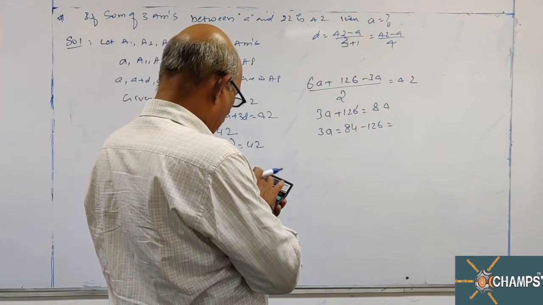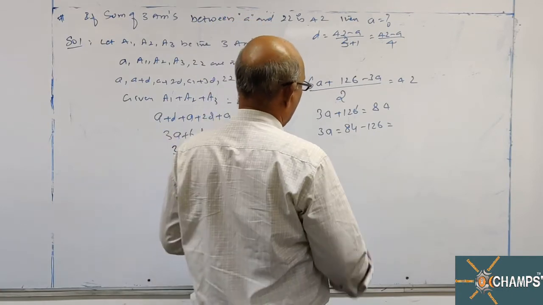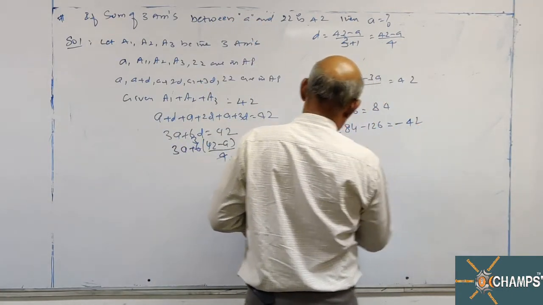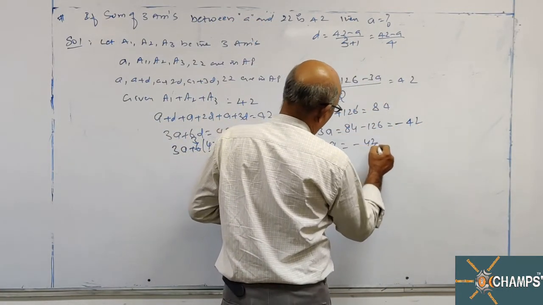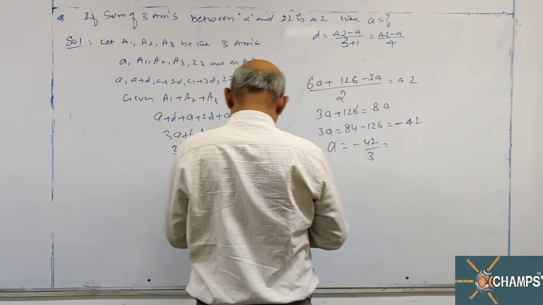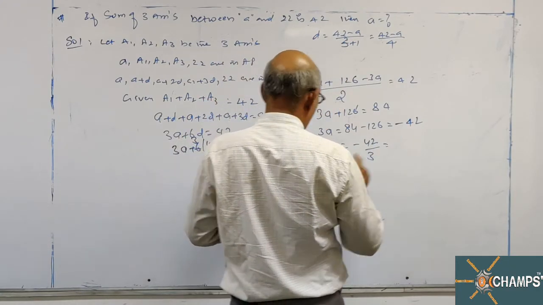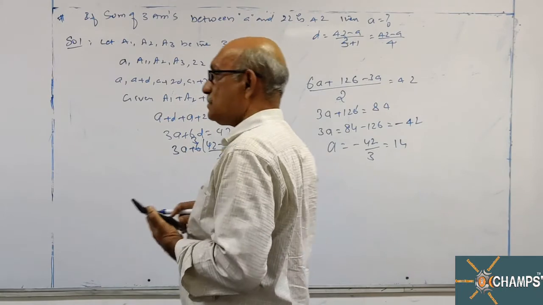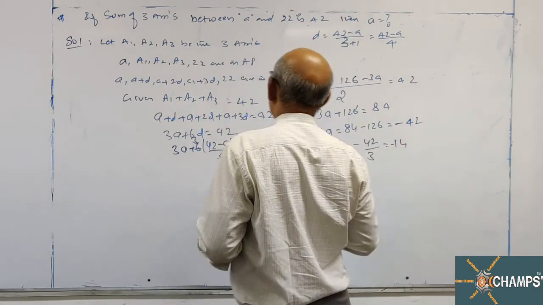A is equal to minus 42 by 3, 14 with the negative sign.